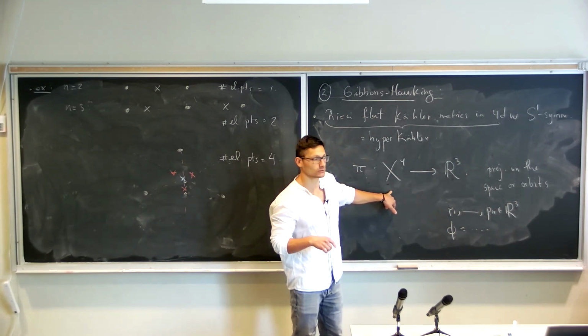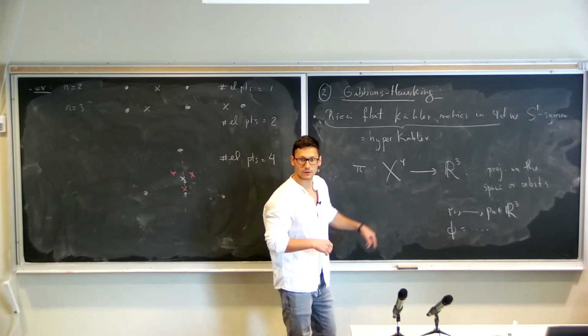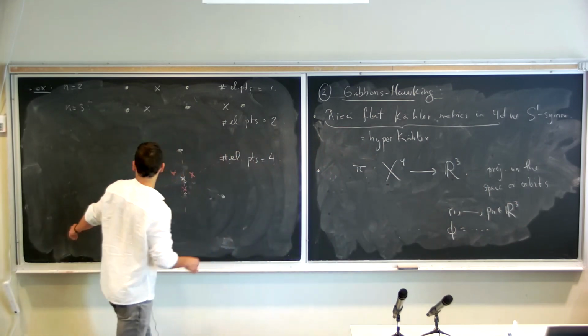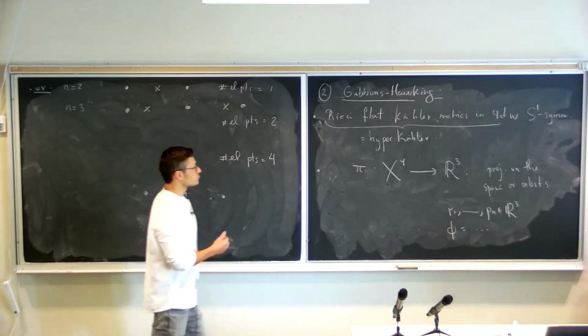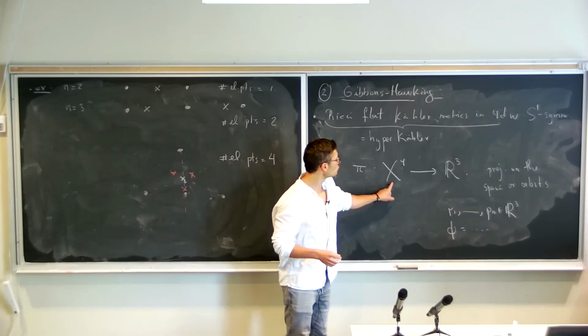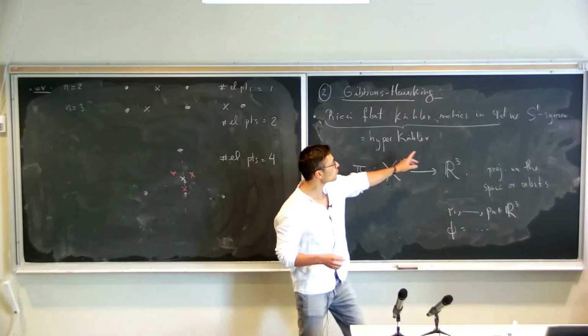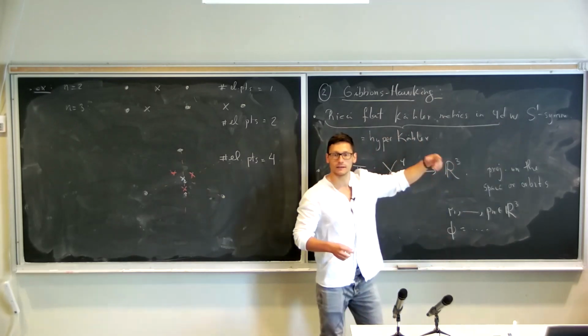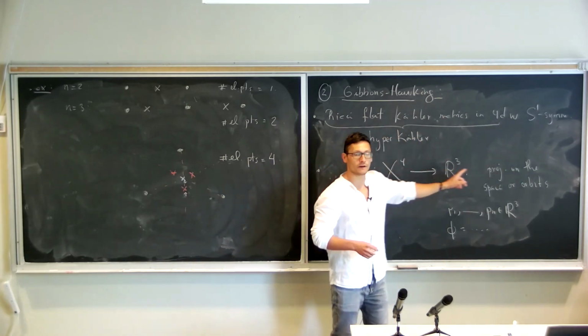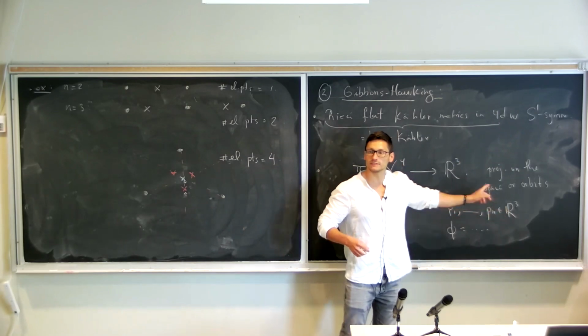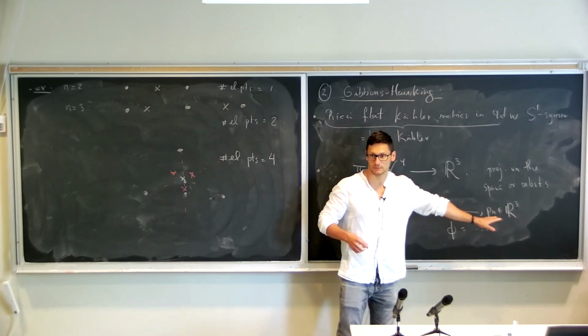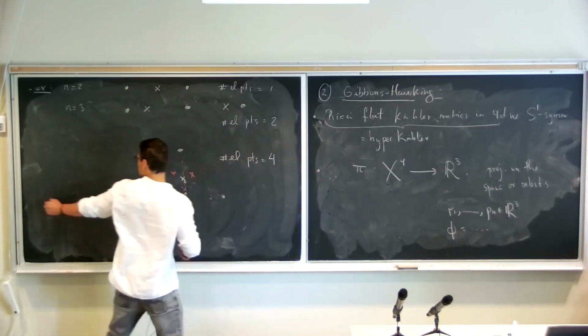So that's my task now, to tell you how to do that. In order to do that, I'm going to describe X away from the locus where the S1 action acts freely, as a circle fibration over an open set in R3. That open set is going to be the complement of these points. Okay, so that's what I'm going to do now.